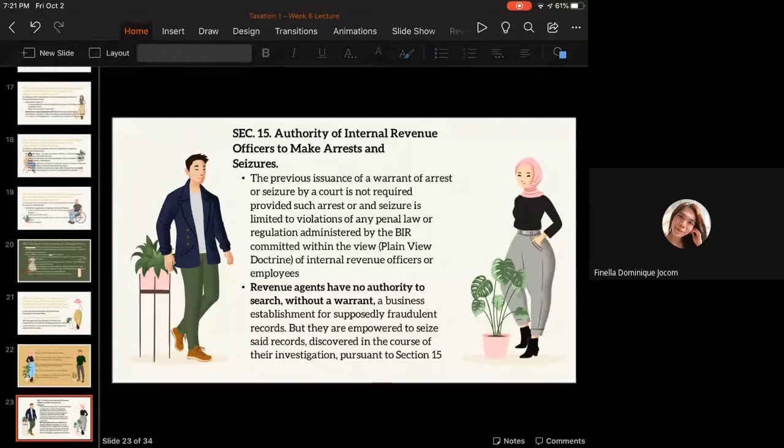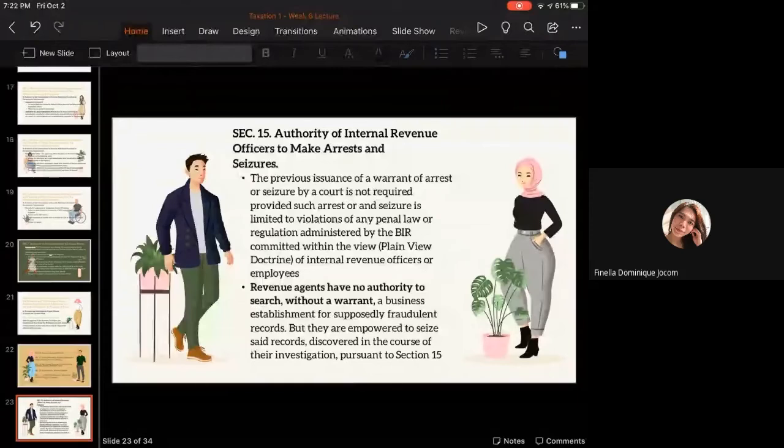So if the taxpayer is violating penal laws or regulations which are under the power of the BIR, and it's in plain view, they can arrest the taxpayer without issuance of the warrant of arrest.